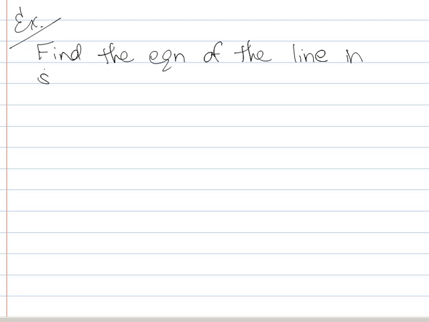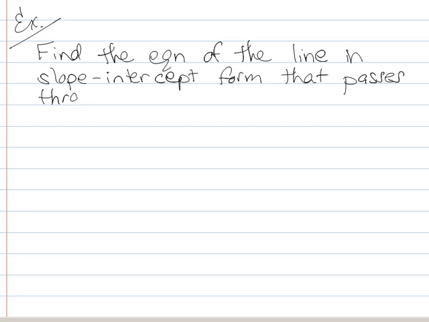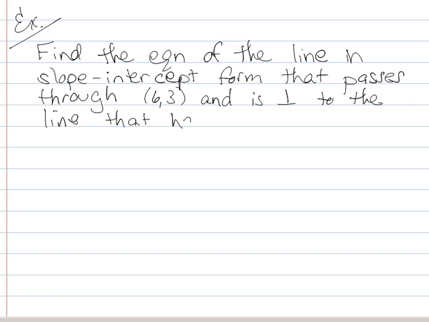Say we now want to find the equation of the line in slope-intercept form that passes through (6, 3), and is perpendicular to the line that has a y-intercept of 6 and an x-intercept of 1.